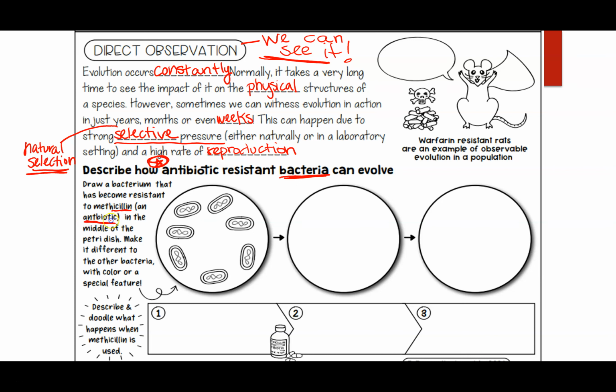That is an antibiotic, all right? So we've got a whole bunch of different bacteria in here. The regular bacteria look like this. They're just regular bacteria. They've got a cell membrane and they've got this linear DNA in the middle of them, okay?